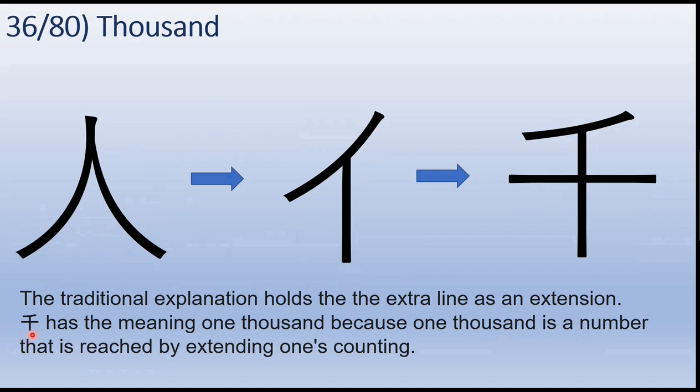And this symbol has the meaning 1000 because 1000 is a number that is reached by extending one's counting. So the logic given is that there is an extension in the person radical, and that's why this is 1000.